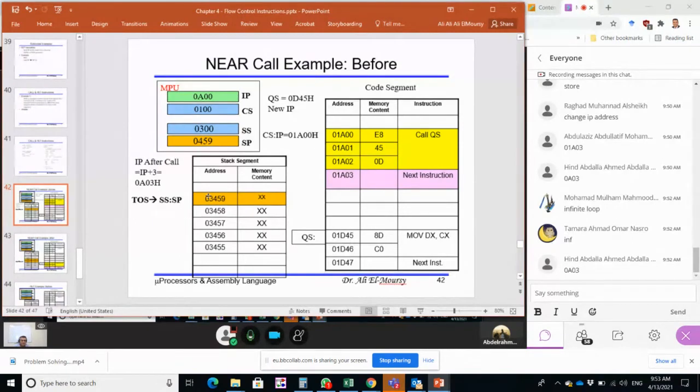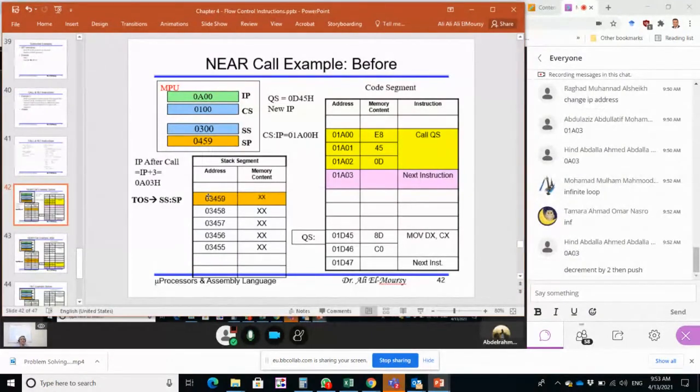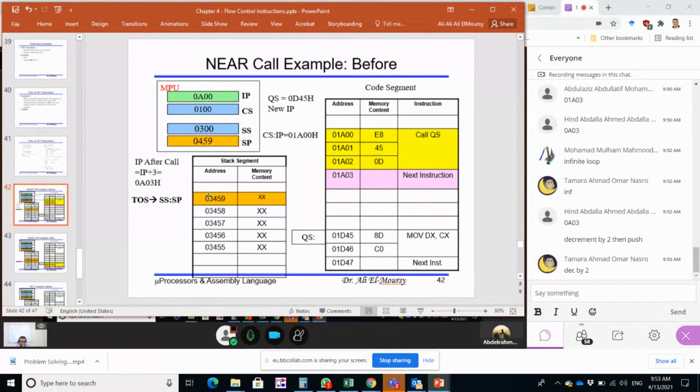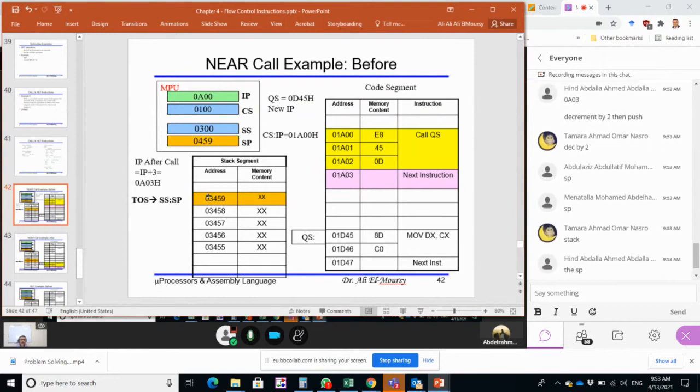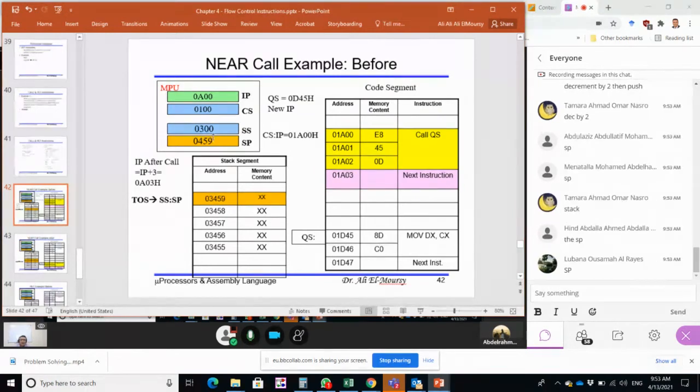So the first thing I want to do is decrement. Decrement what? Decrement the SP by 2. The SP has the value 9540.